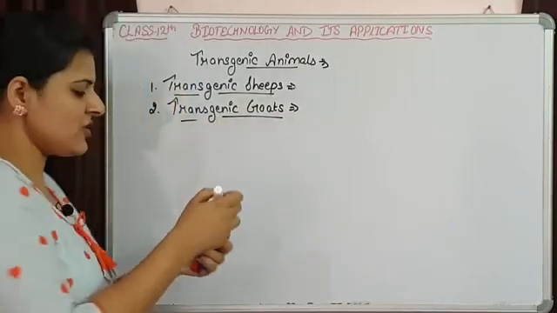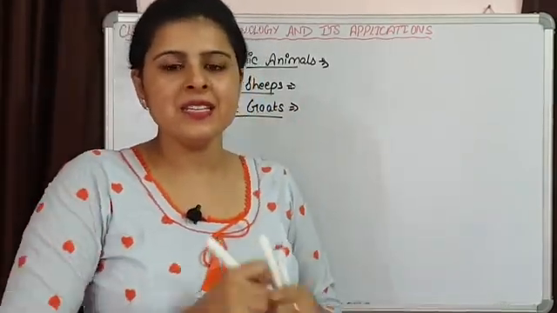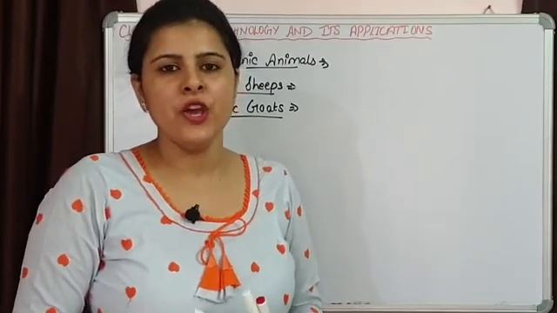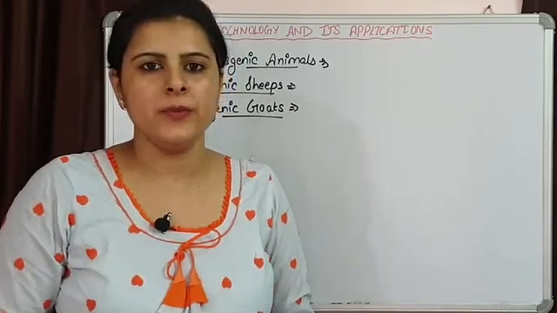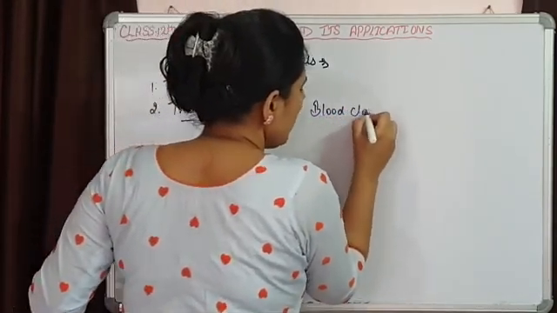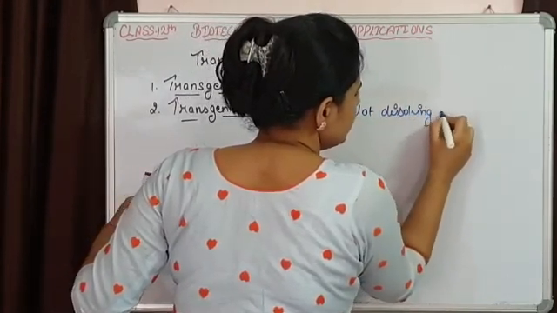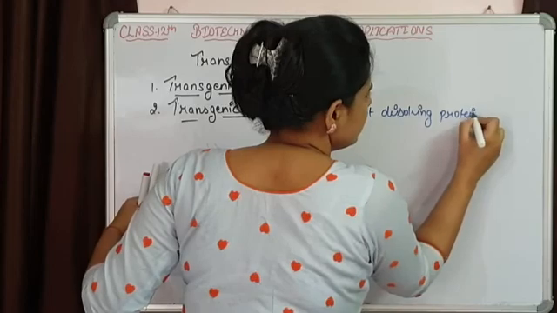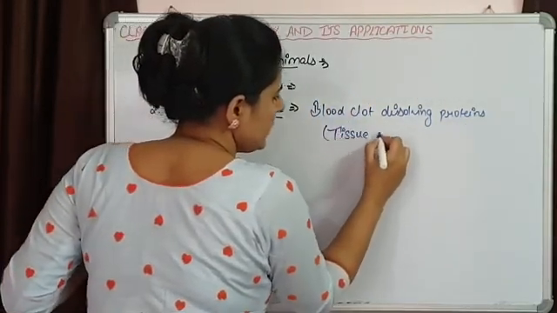In these transgenic goats, a gene is inserted, and this gene is responsible for the formation of a clot dissolving protein. It is responsible for a blood clot dissolving protein, that is tissue plasminogen activator.